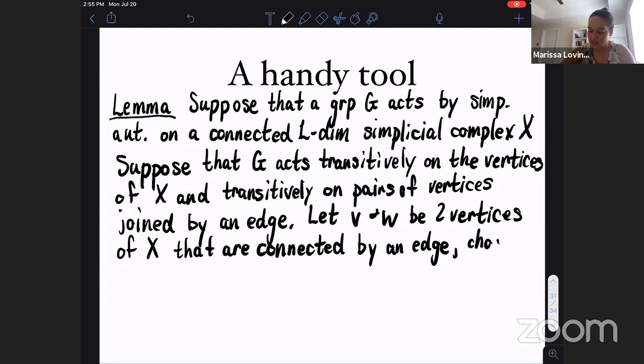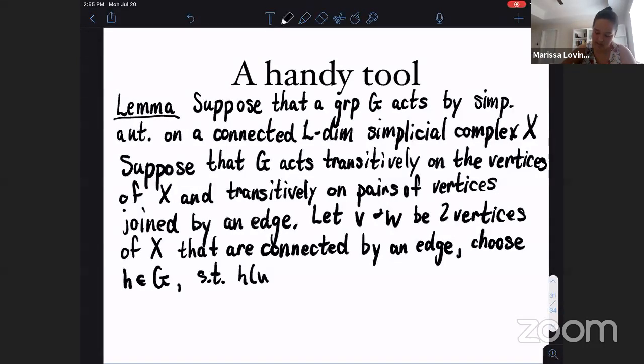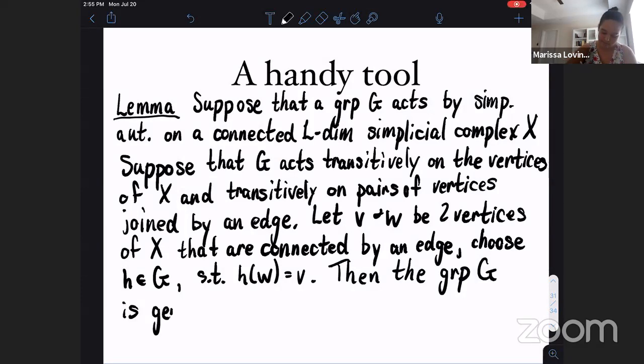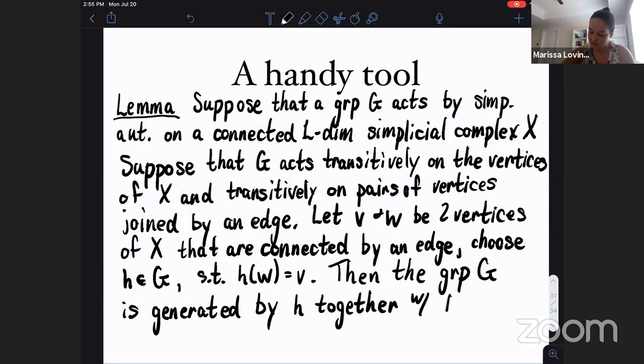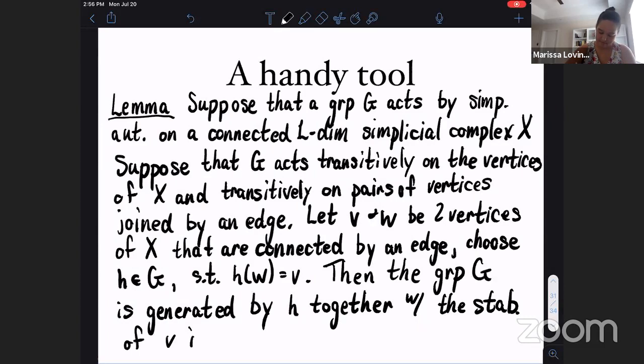And I'm going to take now an element H in my group such that H takes W to V. Then G is actually generated by H together with the stabilizer of V. Okay.